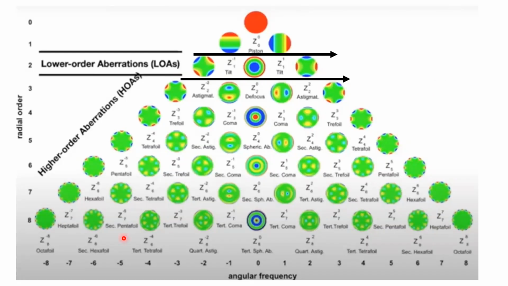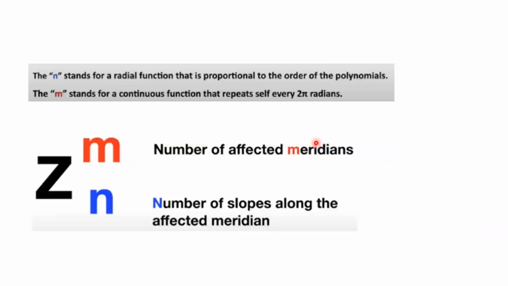So here in this image, we can see that each aberration is accompanied by a Z value. This is called a polynomial value. Each aberration has been defined with a certain superscript and a subscript. So I'll try and decode that for you.